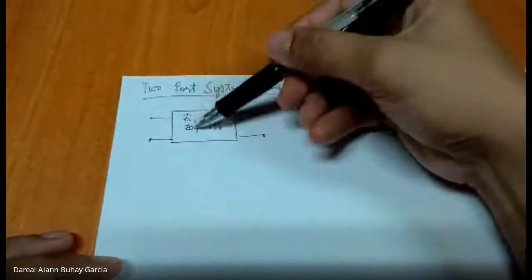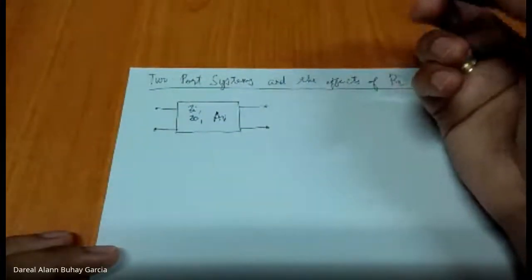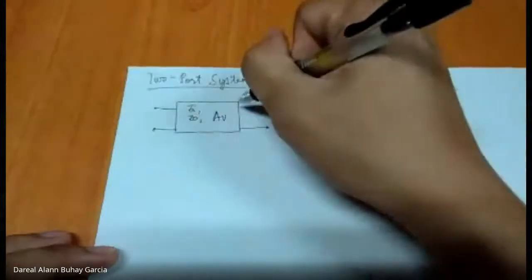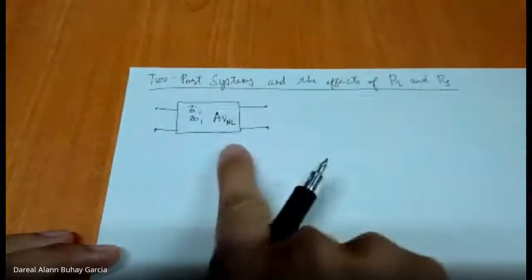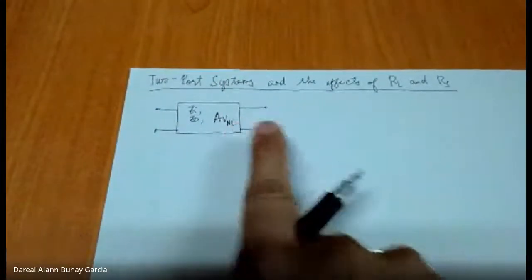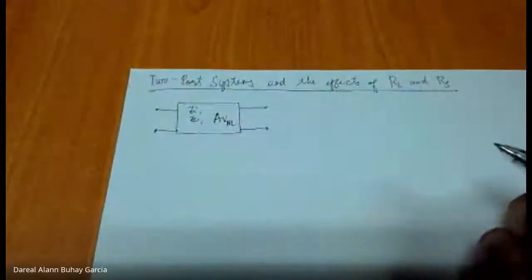As long as the system is characterized by these three parameters. To start our analysis, we assume that the voltage gain is unloaded, so the no-load voltage gain, AV NL.